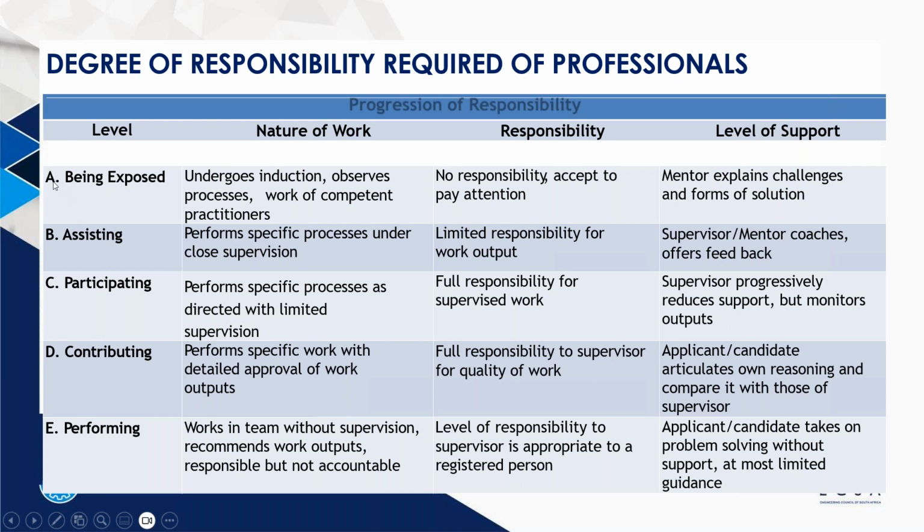So this is level A, this is level B, this is level C, this is level D, this is level E. Level E is the most important one. You will not be able to register if you do not demonstrate that you have worked on level E, especially on outcome number 1, 2, 3, number 9, and 10 as well, because they are aligned to this particular level.